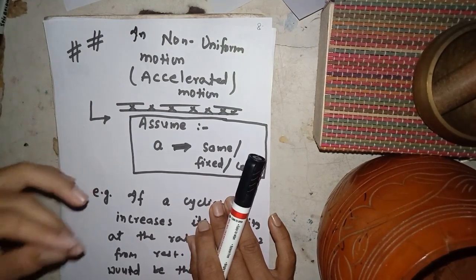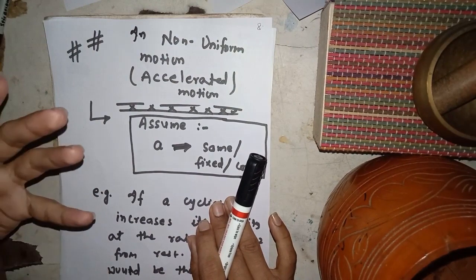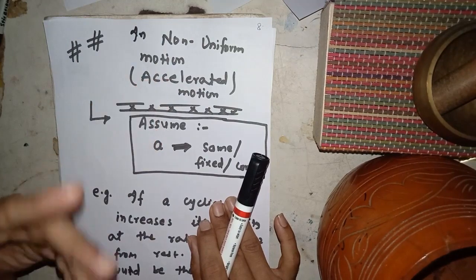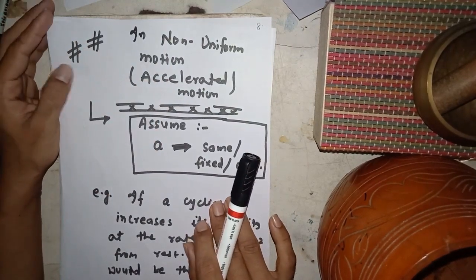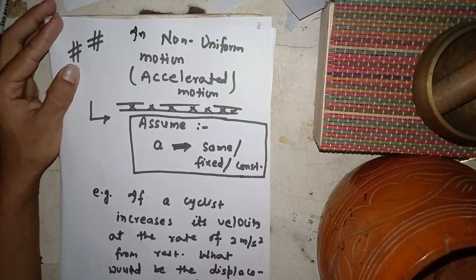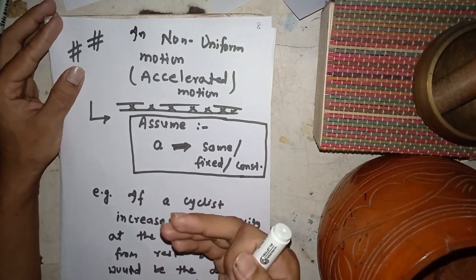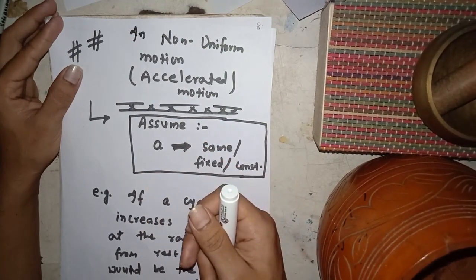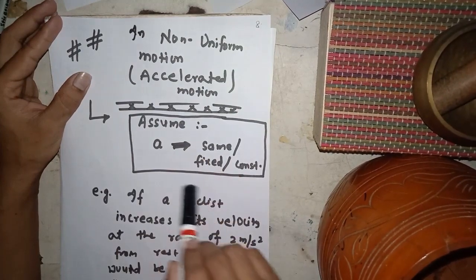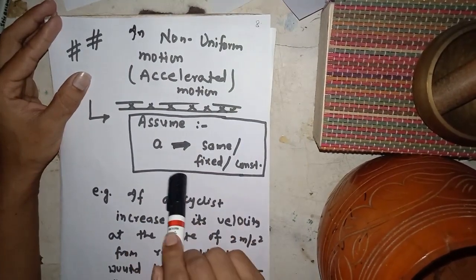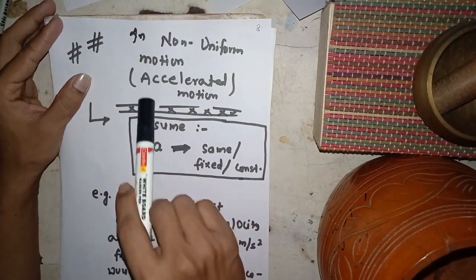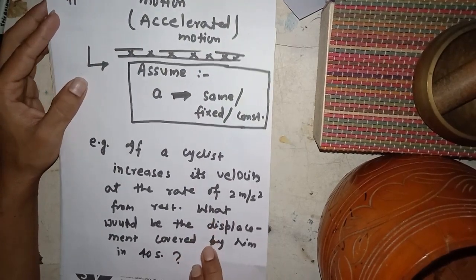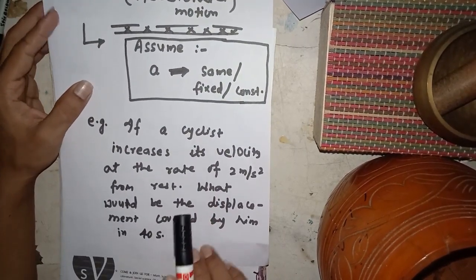You will deal with problems where acceleration changes from time to time in 11th class. But in your class you only deal with non-uniform motion when acceleration is fixed or constant. So for your class, a is fixed or constant if the motion is accelerated or non-uniform. So I give you a problem, you can think about it.